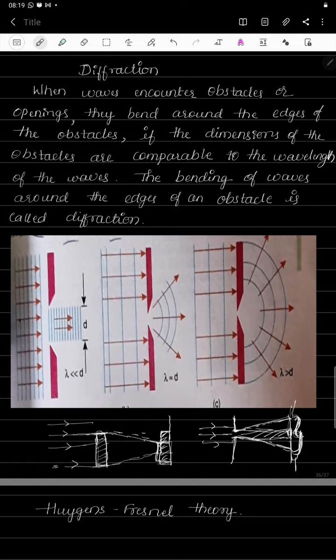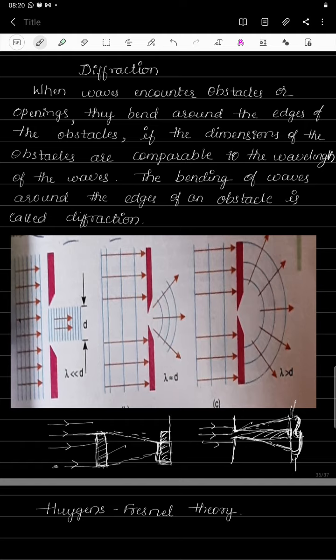So whenever light encounters an obstacle or this opening, light waves bend around these two edges and enter the geometrical shadow region.